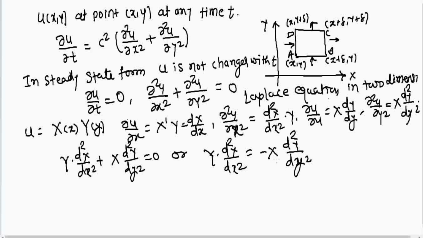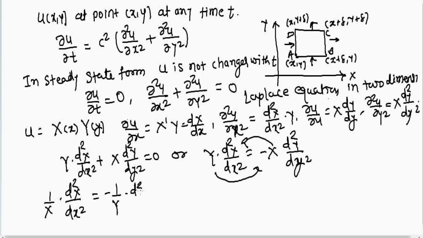You can see that we can separate the terms X and Y. That means transfer this Y to the right side and this X to the left side. We get 1 divided by capital X into d2X by dx square equal to minus 1 divided by Y into d2Y by dy square.